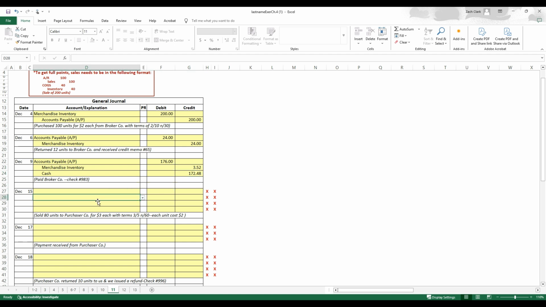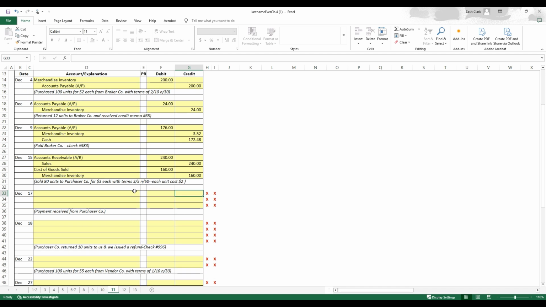Okay, so now we've sold a bunch of units, so we're going to again do a similar type of entry here. So our cost of goods sold, our inventory goes down. We sold 80 units at $3 each, and each unit costs $2.